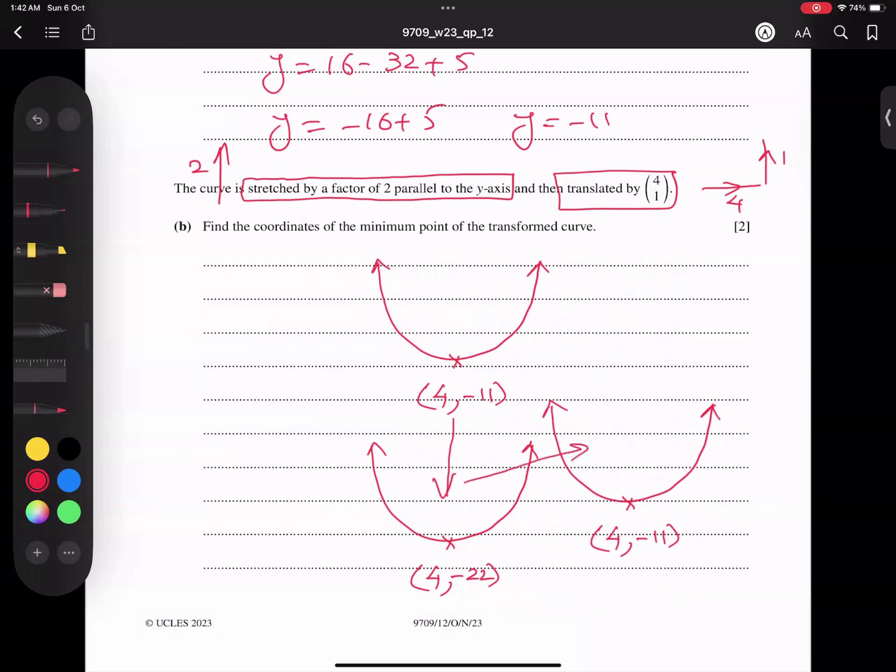Because in this 4, I must add 4, and to negative 22, I will add 1. So I get 8 and negative 21.